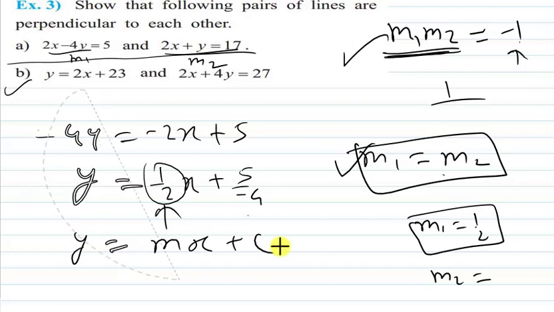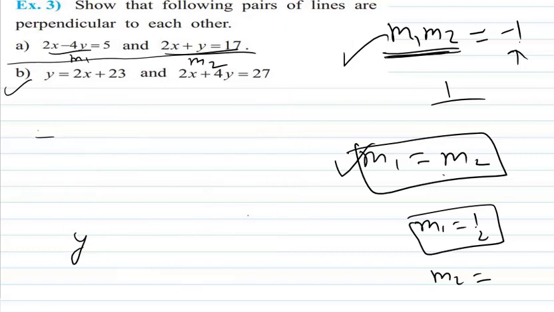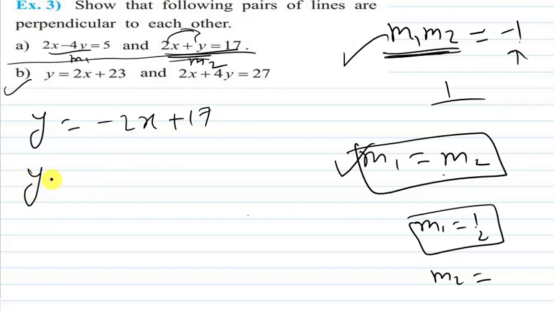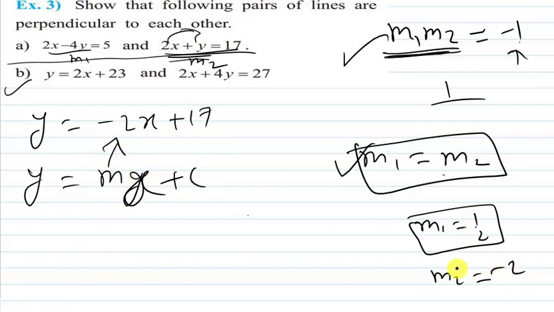Now I have to find m2. Convert the given second equation into slope intercept form. Let's start. From the second equation, what will I get? y equals minus 2x plus 17. I have shifted the x term to the right hand side. Just compare it with the standard equation of the line in slope intercept form. My slope m2 is minus 2.